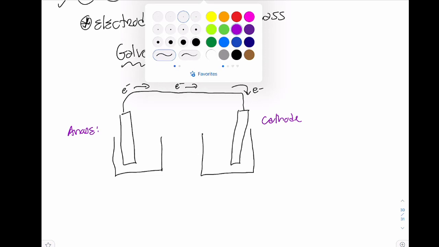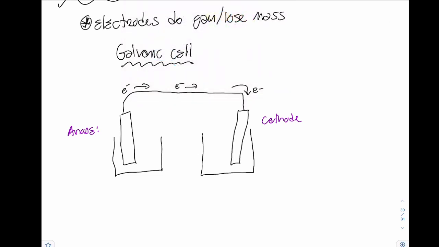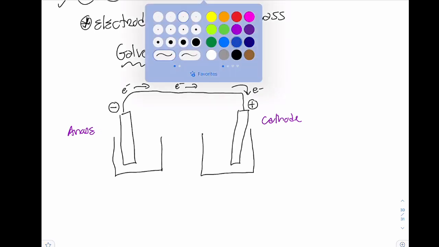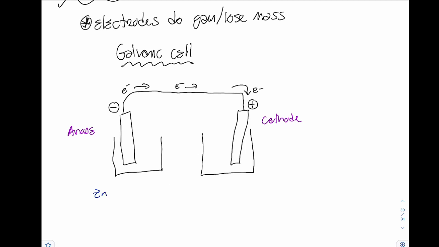Remember, my anode was my negative electrode in a galvanic cell, positive in electrolytic, and then my cathode here is my positive electrode in our galvanic cell. And then using the zinc and copper example from a previous video, I have zinc solid going to zinc 2+ plus 2 electrons, so that's my oxidation. And then I have copper ions plus 2 electrons going to copper solid.